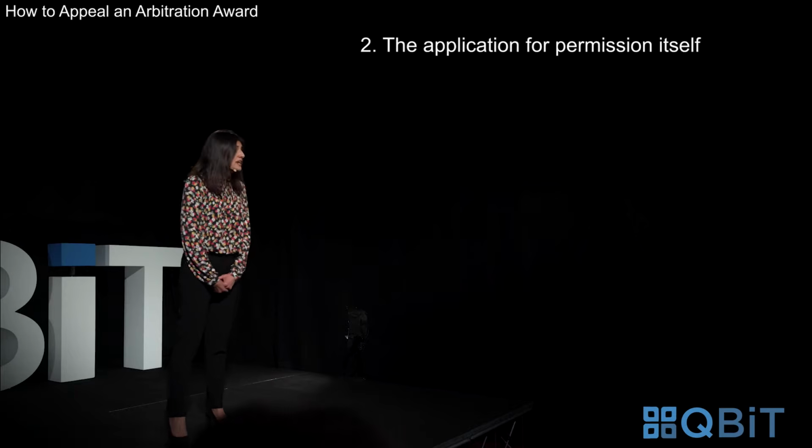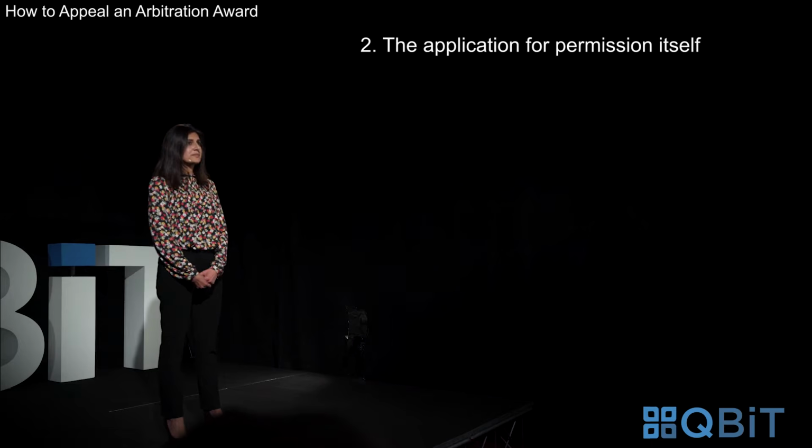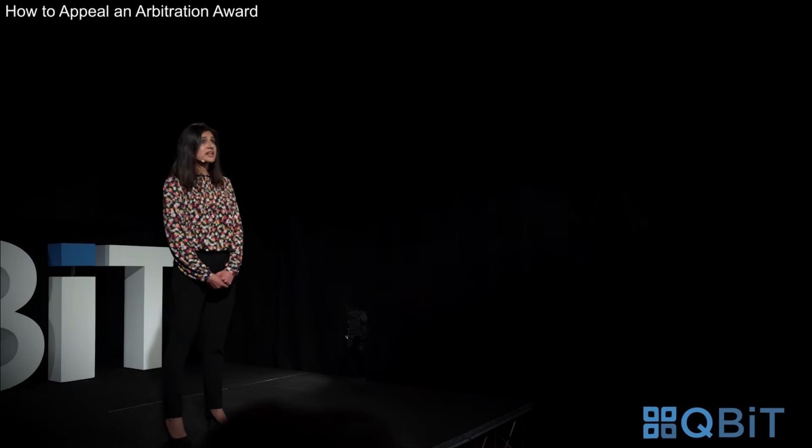Although time extensions can be applied for, it is dangerous to rely on that as a default position. So, turning to the application for permission itself, when will the court grant permission? As set out in section 69, permission will only be given if the court is satisfied that, first, the determination of the question will substantially affect the rights of one or more of the parties. Second, the question is one which the tribunal was asked to determine.